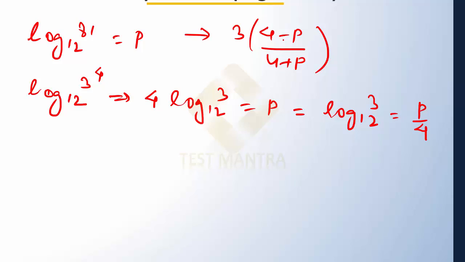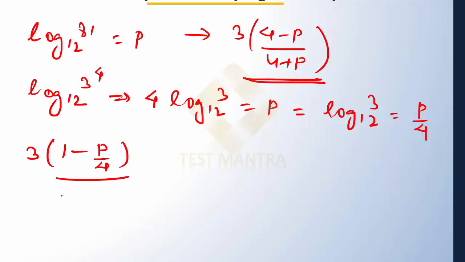I'll try to insert the value here. Since I know p by 4, I can represent this part as 3 into 1 minus p by 4 divided by 1 plus p by 4. That will be fine. And p by 4 is nothing but log 3 to the base 12.